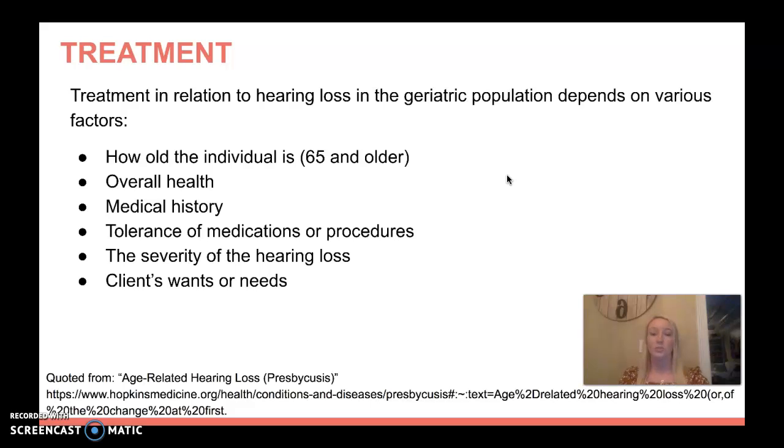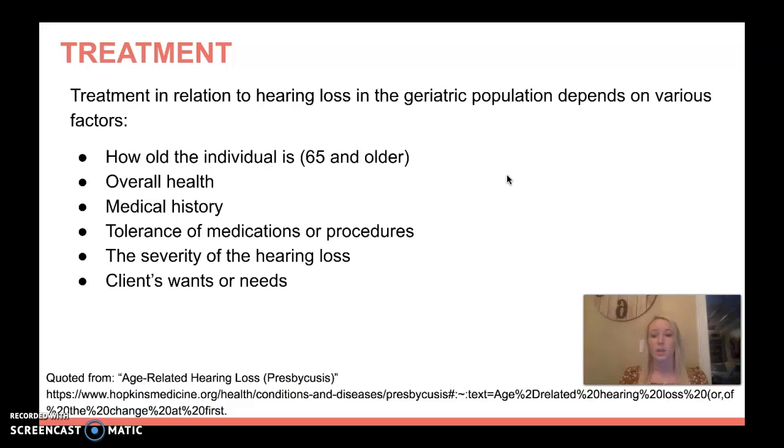Furthermore, moving on to treatment. Treatment in relation to hearing loss in the geriatric population depends on various factors. First of all, this may be how old the individual is. Typically, for the geriatric population, the patients are 65 and older.